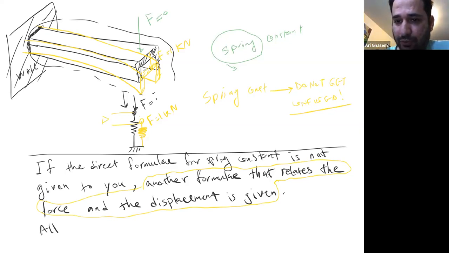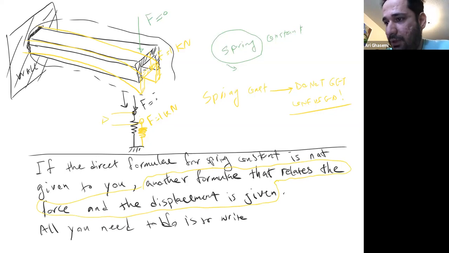All you need to do is to write it in the standard form, F is equal to K delta.